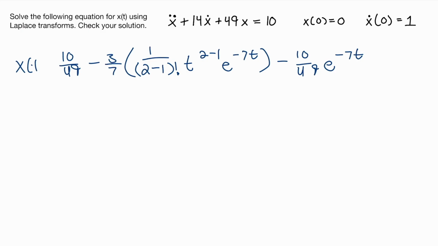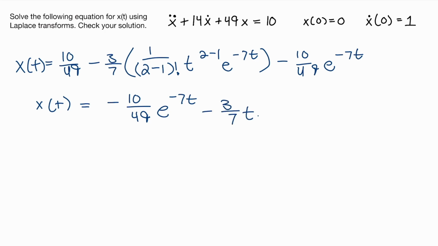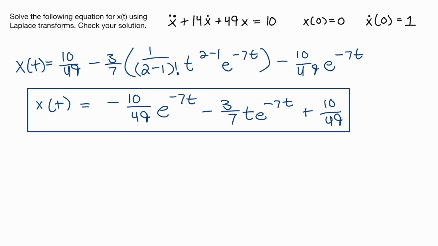So this is what x(t) is, and we can rewrite this to get x(t) equals negative 10 over 49 e to the negative 7t, I'm just reordering the terms, minus 3 over 7 t e to the negative 7t plus 10 over 49. So this is our answer for x(t).